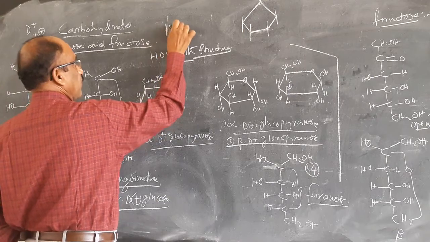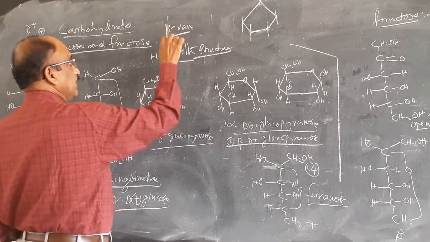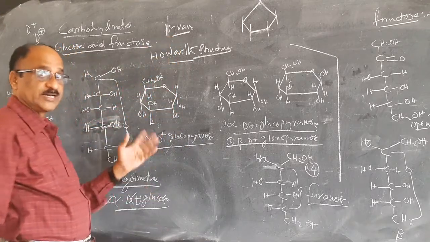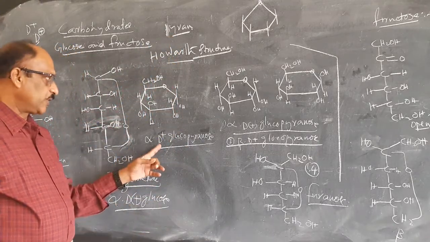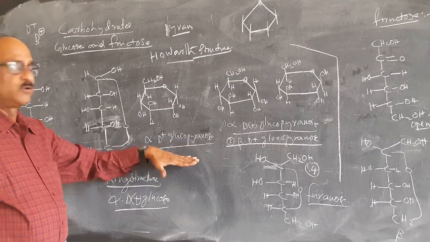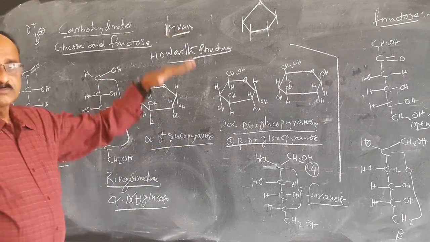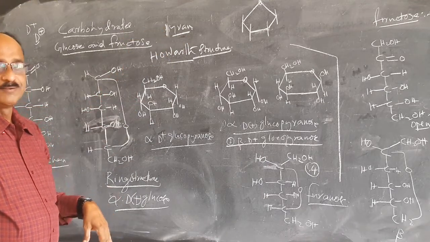Pyran is a heterocyclic compound. If it is a 6-number ring system, it is related to the parental compound pyran. Therefore, it is a pyranose. Alpha D plus glucopyranose, because this compound is related to the parental compound, that is pyran.